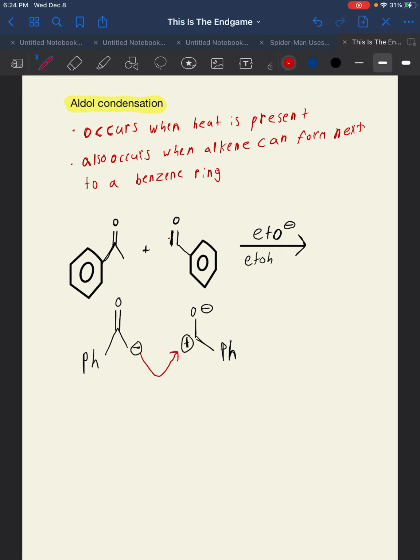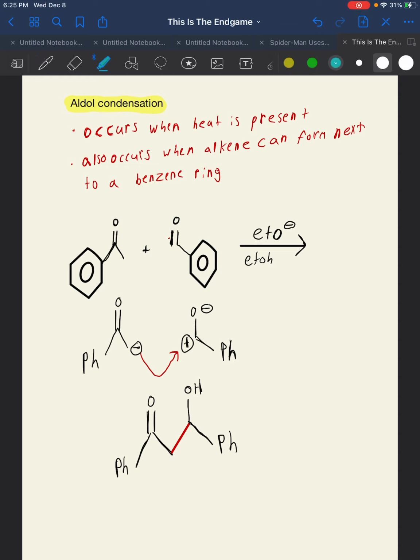Nucleophilic attack on that electrophilic position, giving you this product. New bond in red. Ph, H from the EtOH.